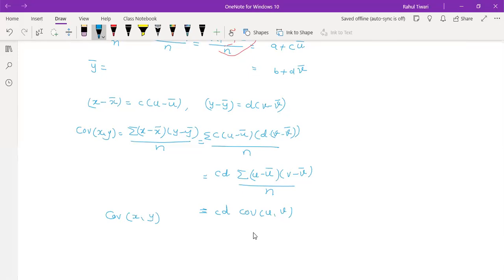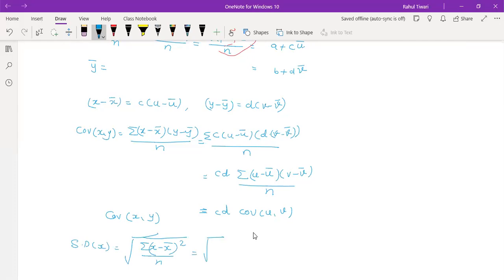Correct? Now, what could be the standard deviation of X according to the formula? It is the square root of summation (X minus X bar) square upon N. Now, what is your X minus X bar? We have already obtained it: C times (U minus U bar).